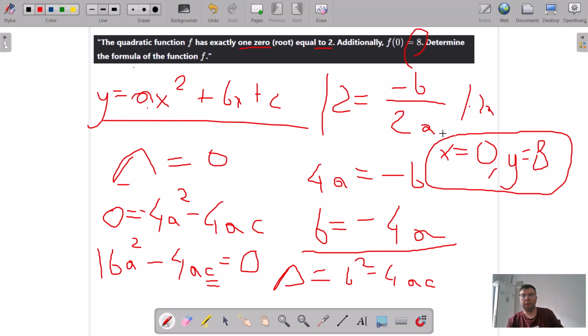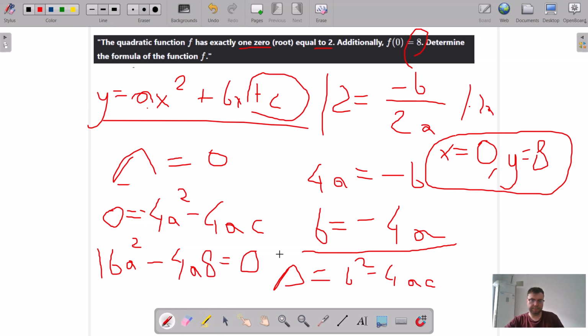Without it, it will be difficult. And we know from knowledge about the quadratic equation that c is the value of y when x equals 0. So when x equals 0, the value of y is c. Okay, so instead of c, I will write 8.